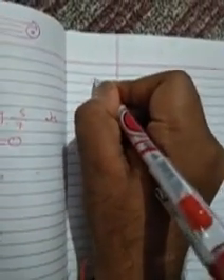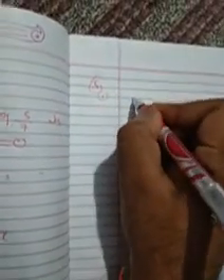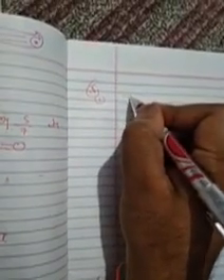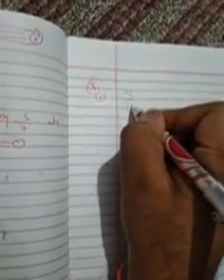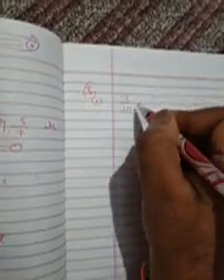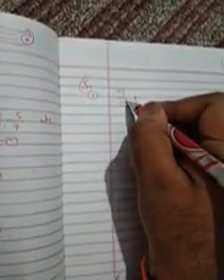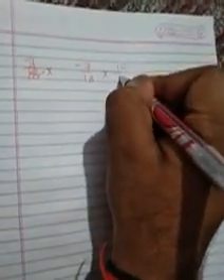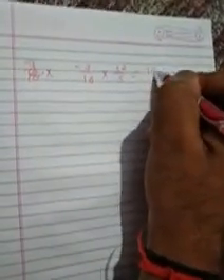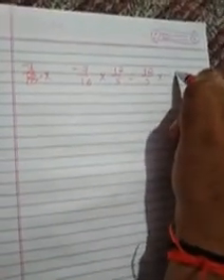First part, minus 7 upon 16 into 12 upon 5 is equal to 12 upon 5 into minus 7 upon 16.